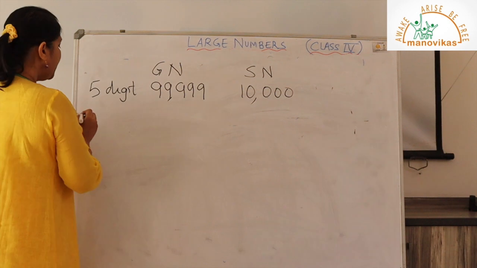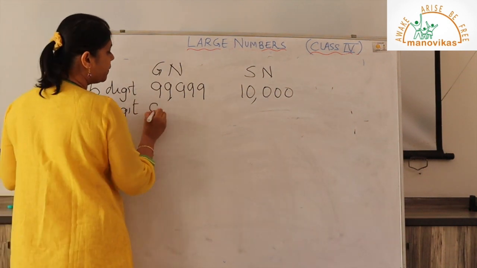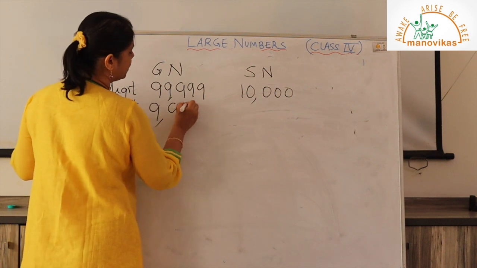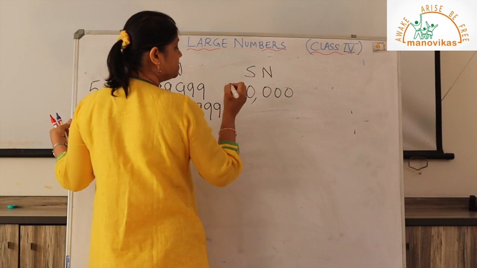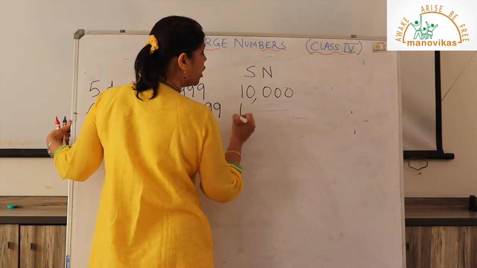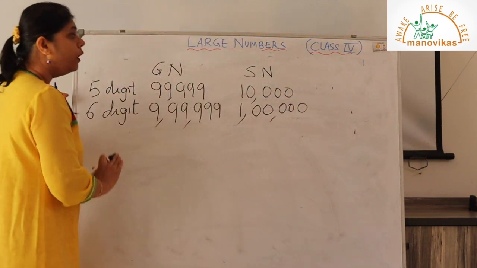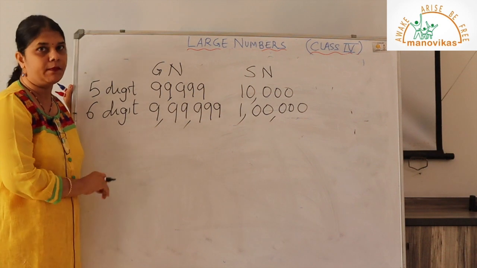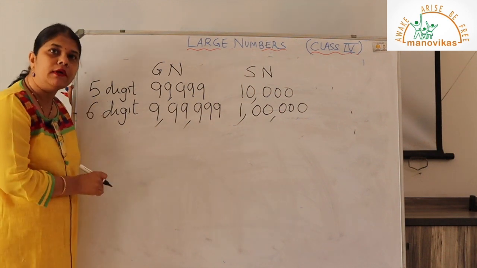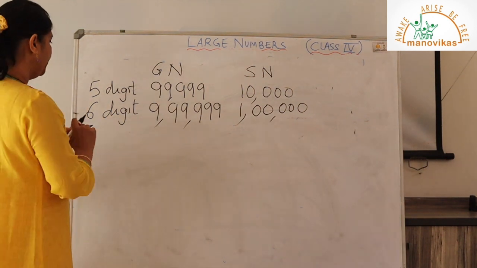Now similarly the 6-digit number, the greatest number is 9,99,999 and the smallest 6-digit number is what? 1 lakh, right? Now we can even form the greatest and smallest number if you are given a particular list of digits. We'll see how.